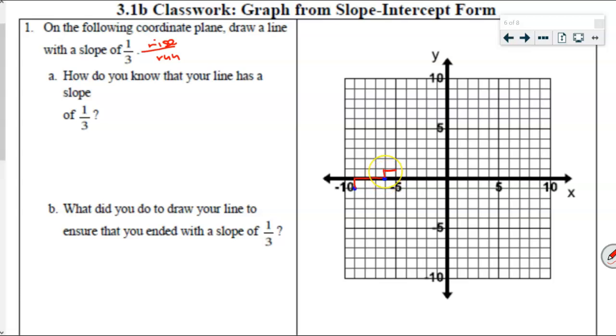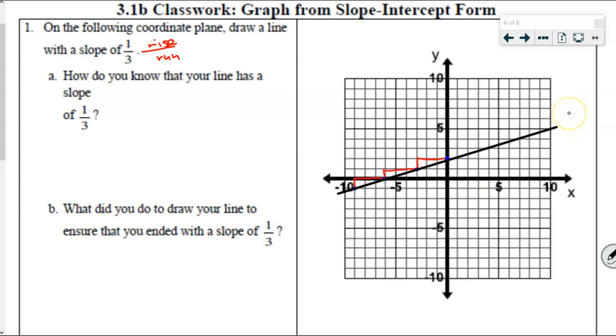A rise of 1 and a run of 3, both in the positive direction, because it's a positive rise, a positive run. Once I get a couple of good points, then I can just use my ruler, connect those, and there is my line with slope of 1/3.